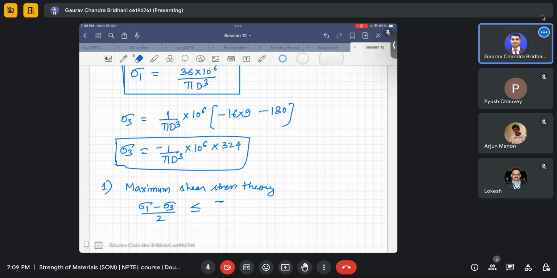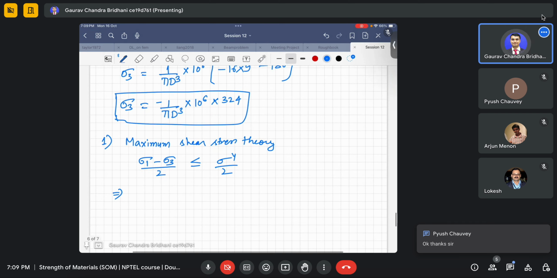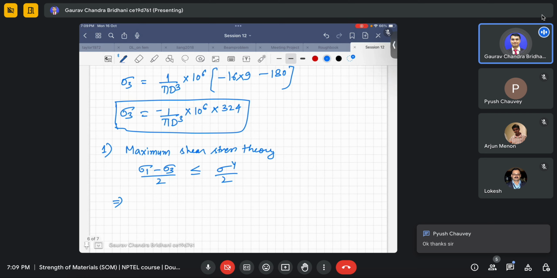Yeah, so we have sigma y by 2. Now we need to find sigma 1 minus sigma 3 by 2, and because there is a factor of safety involved, we will multiply with that factor of safety. Always remember we multiply the factor of safety. We saw yesterday that factor of safety is the ratio of yield value by design value.